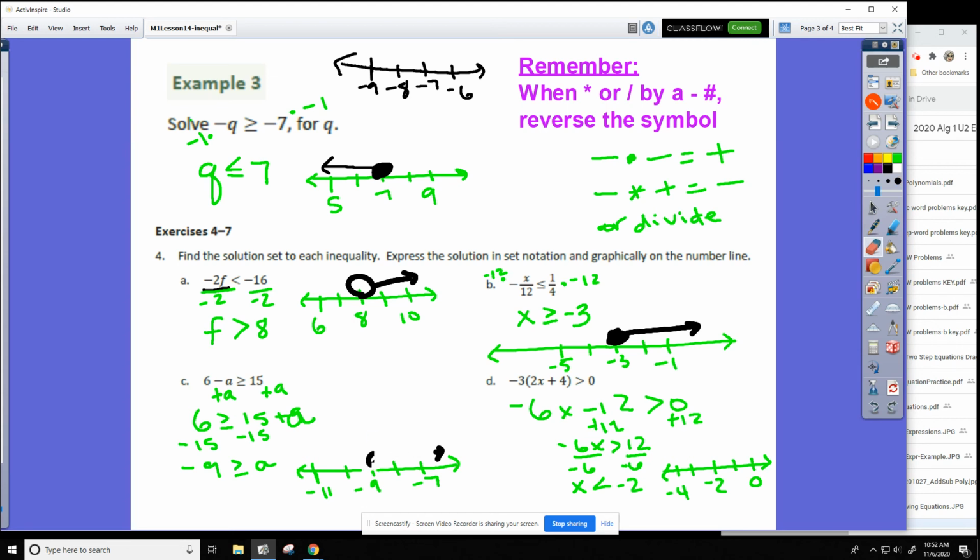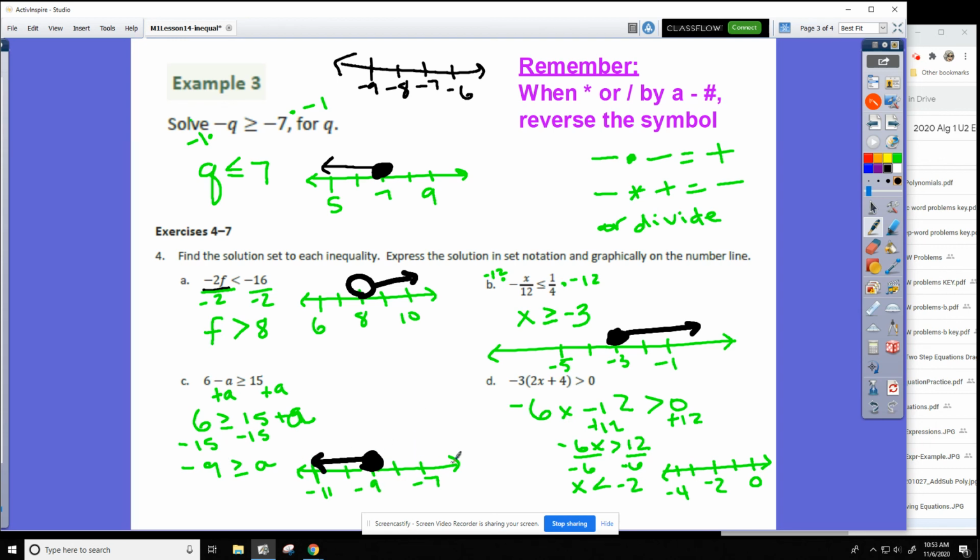So my arrow is not saying A is greater. My arrow is saying A is less than. So A is less than. I still have a closed dot, but see, negative 9 is greater, so I have to go this way.